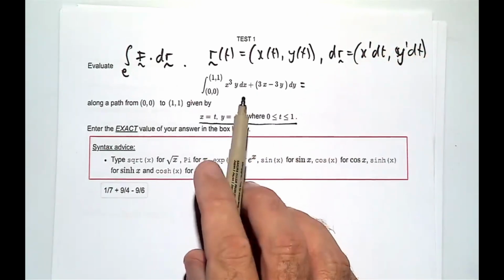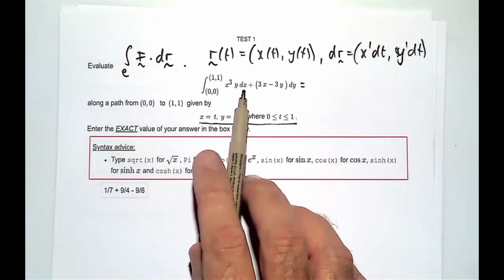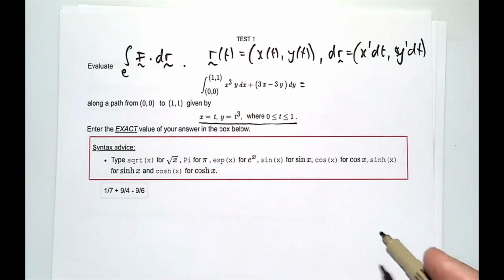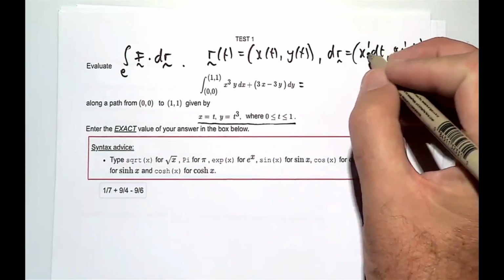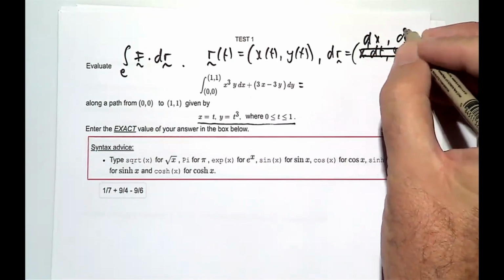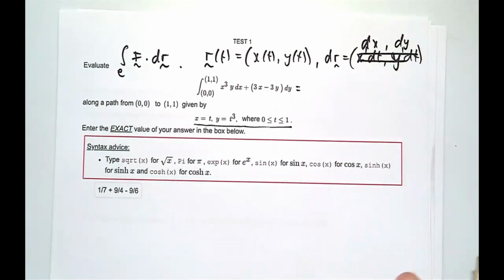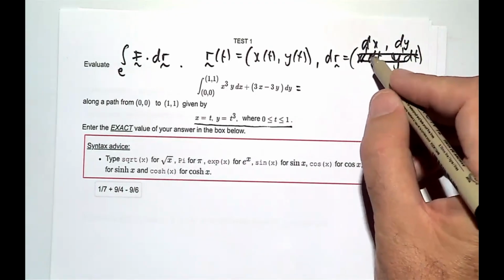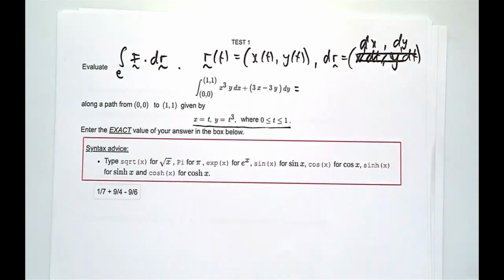So dx, I can just replace that. Actually, maybe it's better if I write it like this. Yeah, that's a bit better. So dx comma dy.